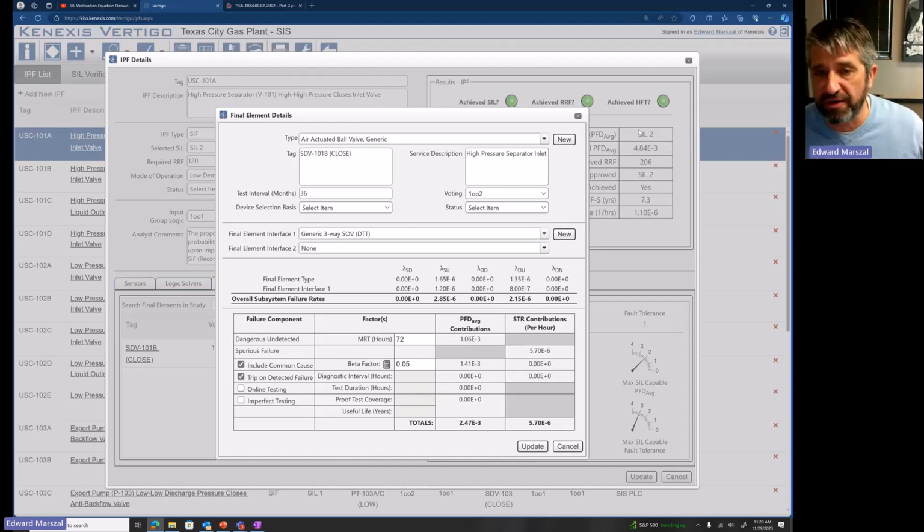So in 2 out of 3 voting, when a device fails, we assume that that bad PV generates a vote to trip. So if I have 3 devices, one of them is in the vote to trip because it's in the failed state, the remaining 2 are effectively a 1 out of 2 vote.